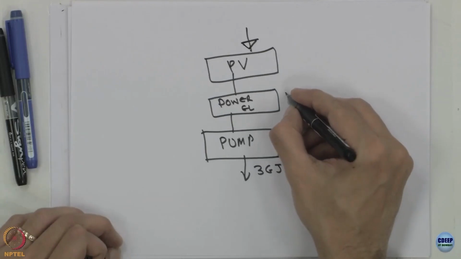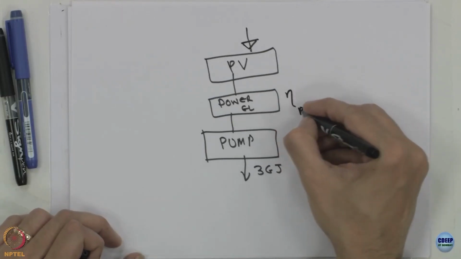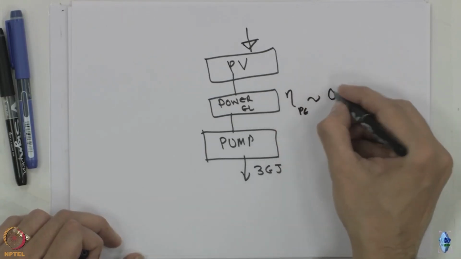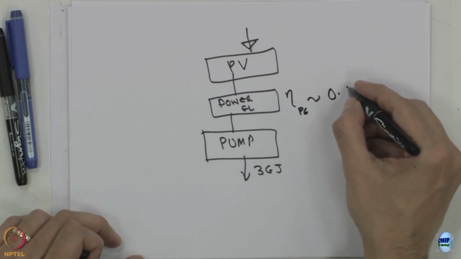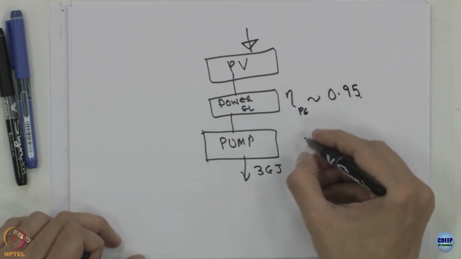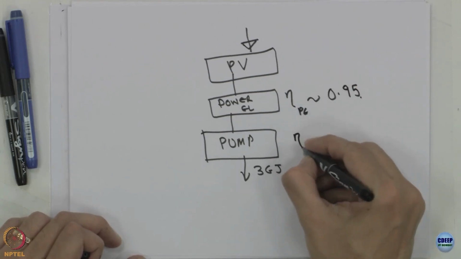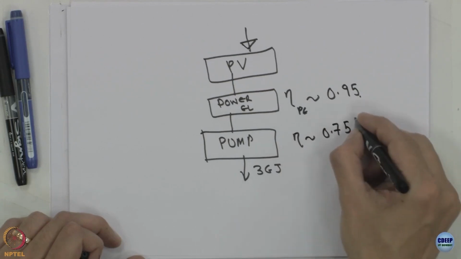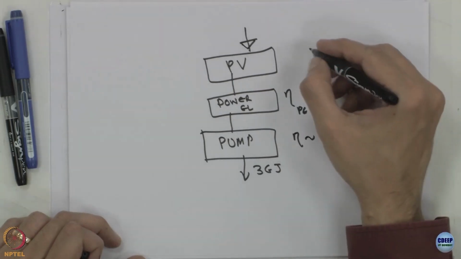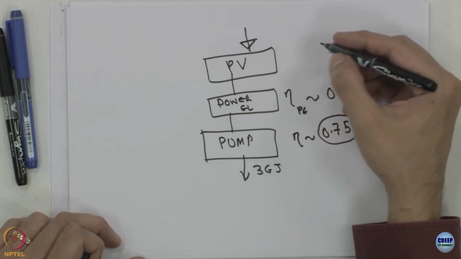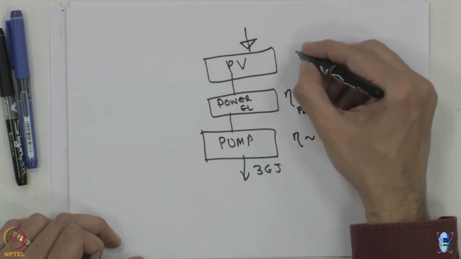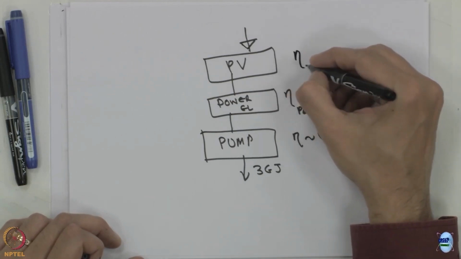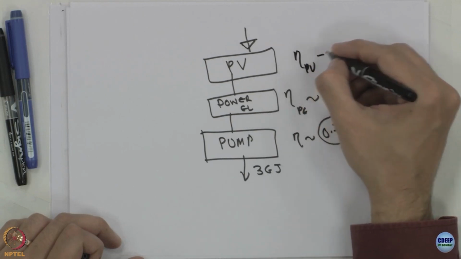Power electronics is fairly efficient, of the order of 0.95 or even more. For the pump, we had said the pump efficiency is 0.75. Some of these submersible pumps might have slightly lower efficiencies. The PV modules in the field may have efficiencies ranging from 15 to 20%.